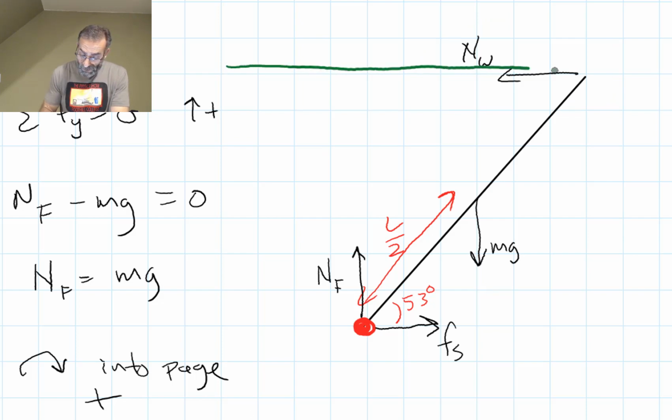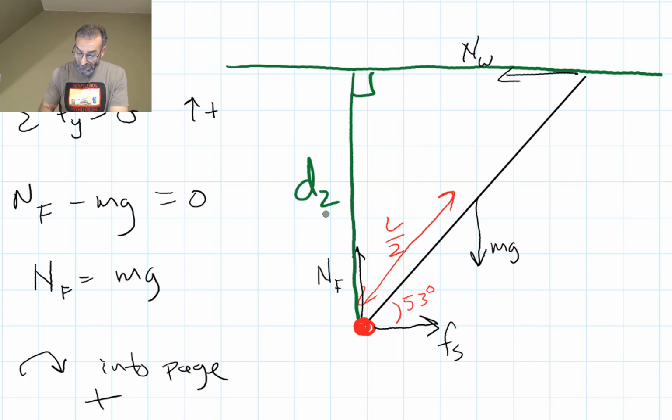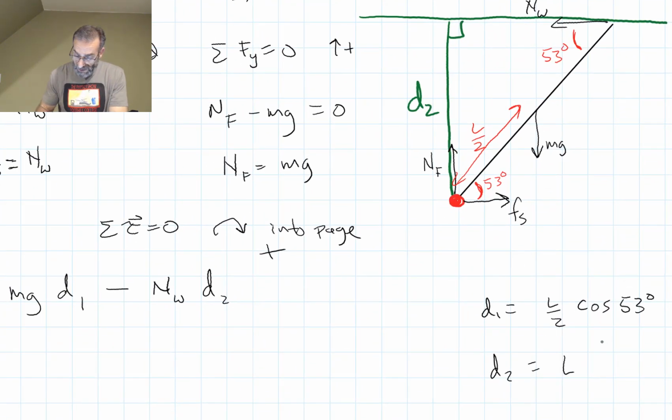I extend the line of force, and this distance, the perpendicular distance to the axis of rotation, is the lever arm. Now if this angle is 53 degrees, that means this angle up here is also 53 degrees. And I know the length of the ladder is L, so I know that d2 is going to be L times the sine of 53 degrees. It's the opposite side of that angle.